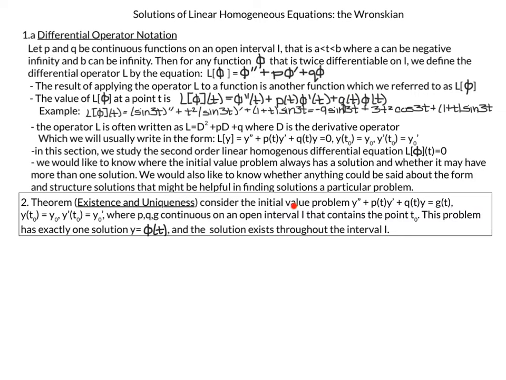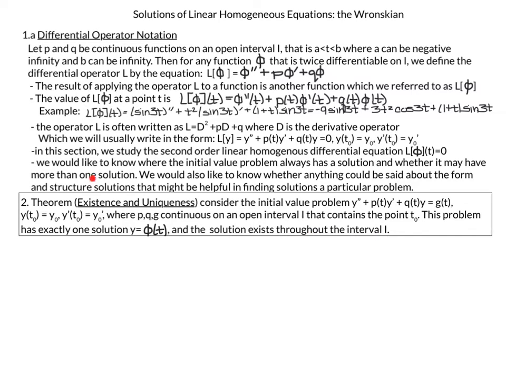So consider the initial value problem y double prime plus p of t y prime plus q of t y equals g of t, with the initial values y of t naught equals y naught and y prime of t naught equals y naught prime, where p, q, and g are continuous on an open interval I that contains the point t naught. Then this problem has exactly one solution, y equals phi of t, and the solution exists throughout the interval.